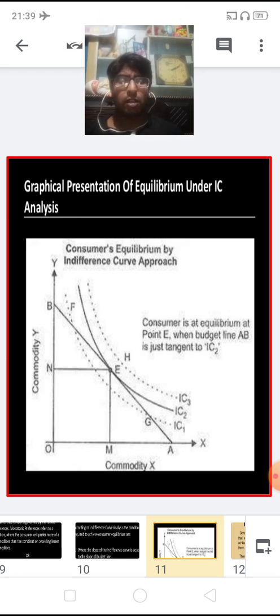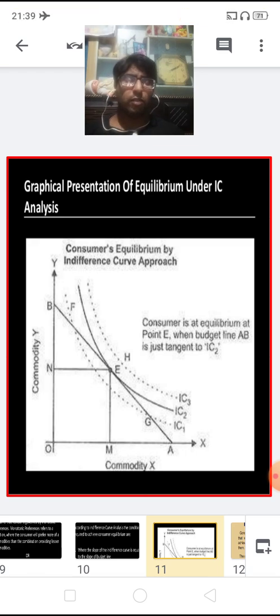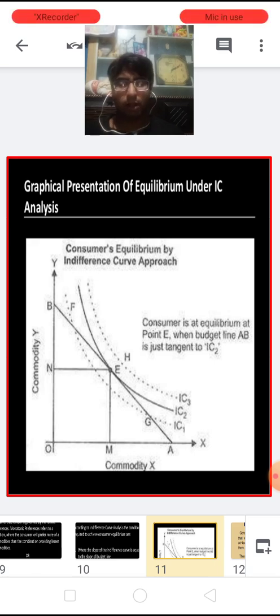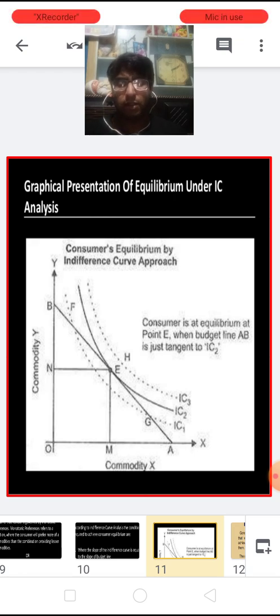So the condition of the consumer's equilibrium is the marginal rate of substitution XY is equal to the price of good X divided by the price of good Y, or you can say the slope of budget line is equal to slope of indifference curve.